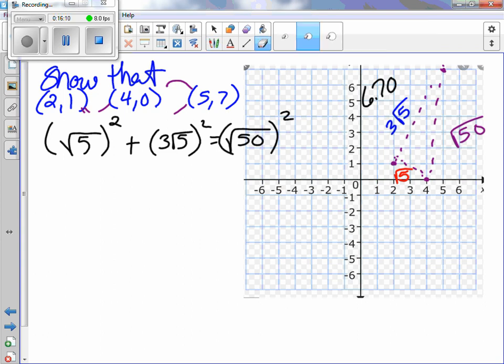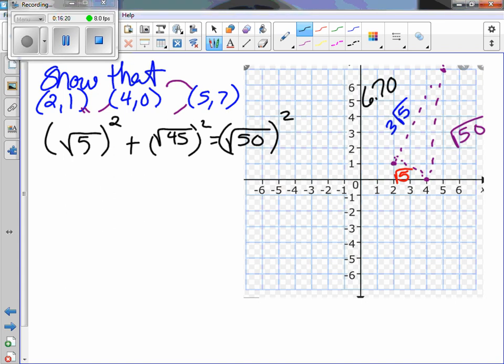Well, wasn't this really the square root of 45? Yes. I'm going back to that because it's going to be easier to work with here. Because what's the square root of 5 squared? It's 5, plus 45.